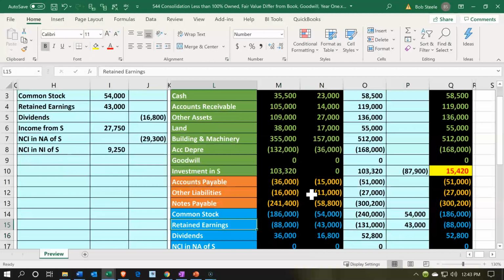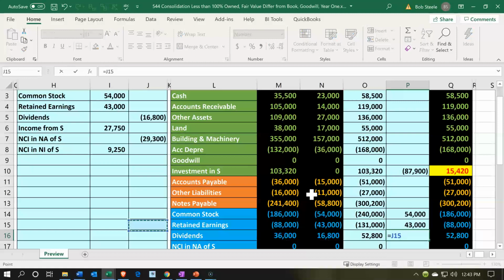So we've got the 88 and the 43 adds up to the 131 minus the 43 back to the 88, which is P's portion. Dividends, same process, standard procedure. We're taking off the 16.8.